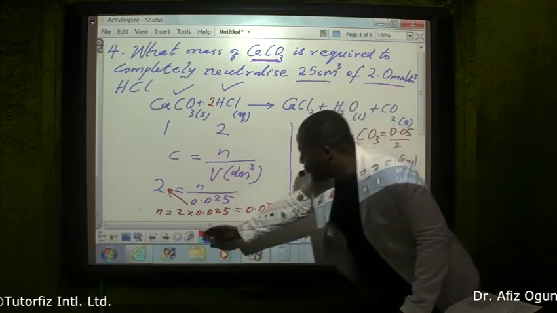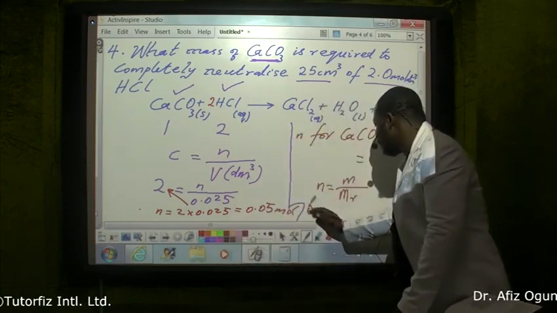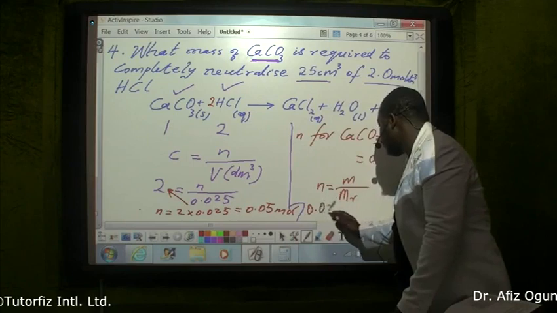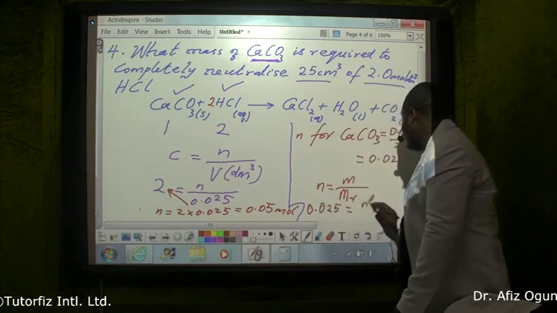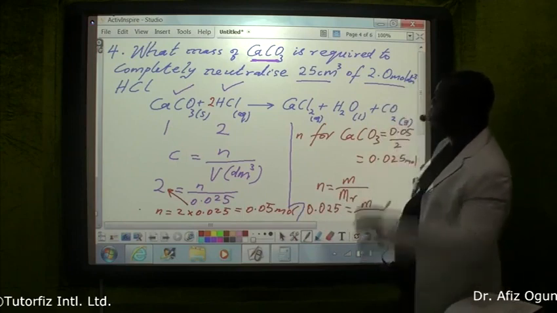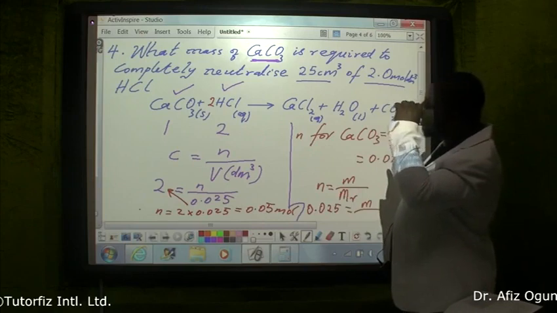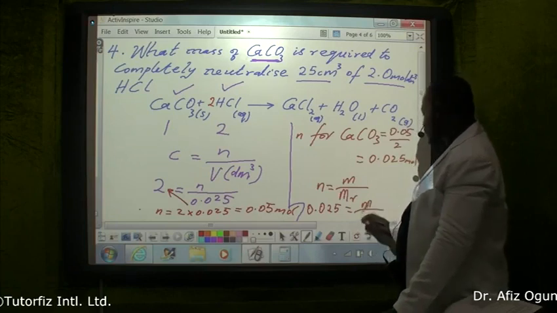My n is 0.025, equal to the m I'm looking for divided by the molar mass of calcium carbonate. What is the molar mass? Calcium is 40 plus 12, that is 52, plus oxygen is 16 multiplied by 3, 48. 52 plus 48, 100.